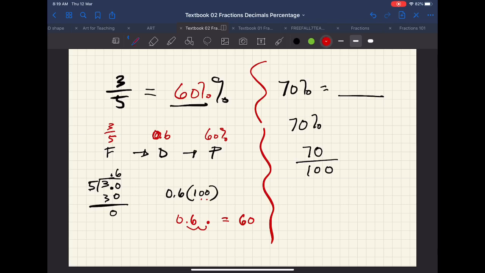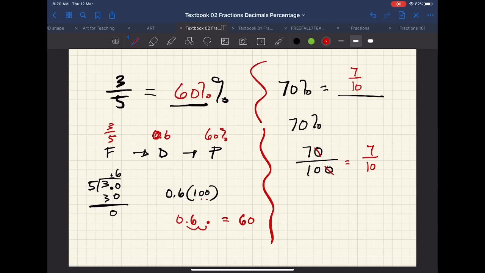Ooh. So what do? If there are zeros in the numerator and denominator, I can just cancel that. And what are you left with? 7/10. Okay, so 70% is equivalent to 7/10, which is a fraction.